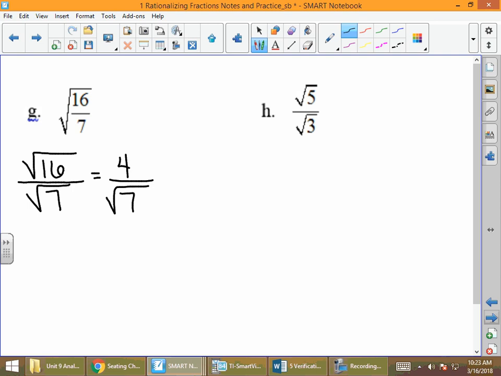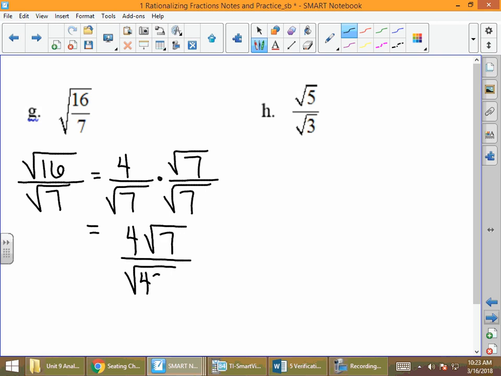And now what we want to do is get rid of the radical in the denominator. So we're going to multiply by the square root of 7 here, and we're going to multiply by the square root of 7 here. When we do that, we get 4 times the square root of 7 divided by the square root of 49.